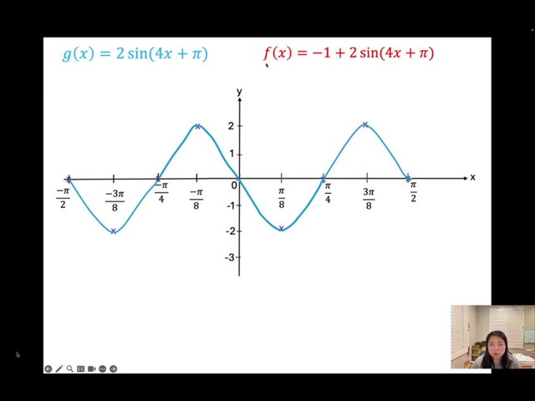Okay, now we're going to graph f of x equal to negative 1 plus g of x. So we're going to shift 1 unit downward for this graph. So you could check here, that will become negative 1, this one becomes negative 3, this one becomes negative 1, this one becomes 1. You're going to shift downward.